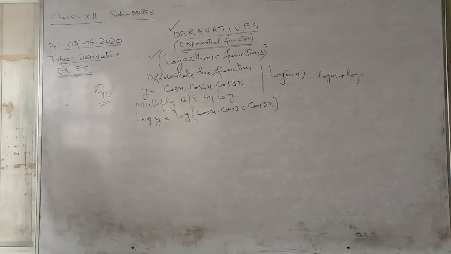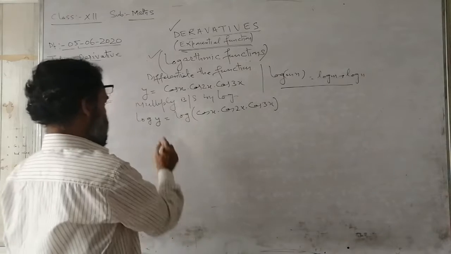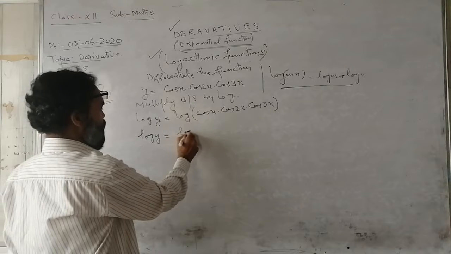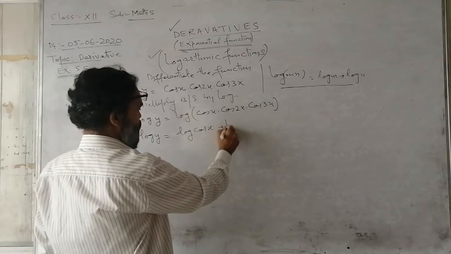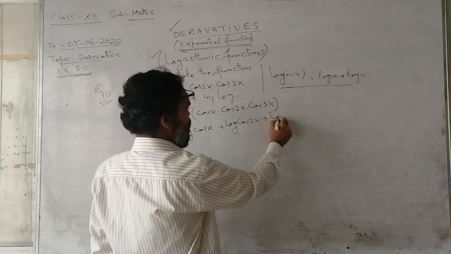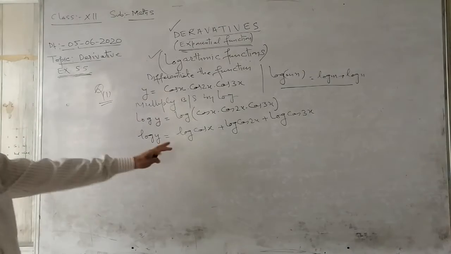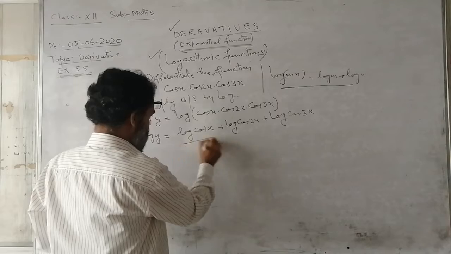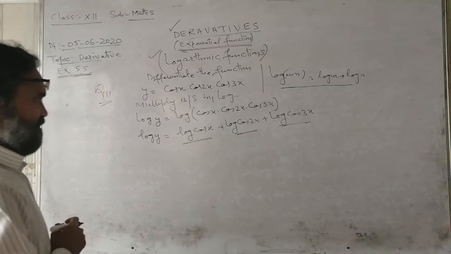So using this formula here, log of y will equal to log of cos x plus log of cos 2x plus log of cos 3x. So using this formula of log, I have written log of cos x, log of cos 2x, log of cos 3x.